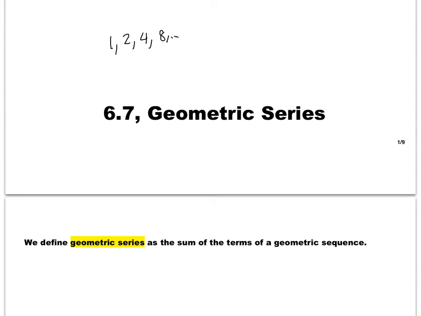In this lesson, like the previous one, we are going to try to find the formula for the sum of the first n terms of a geometric sequence, meaning I have to find S sub n of 1 plus 2 plus 4 plus 8 plus the last term, let's call it T sub n.